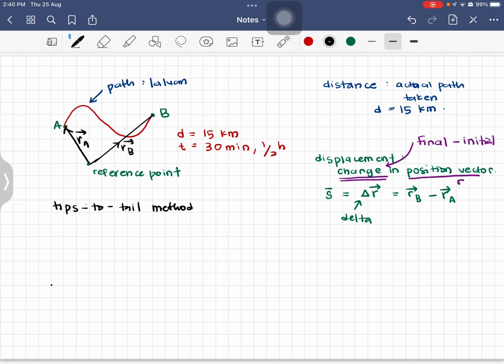Okay, so let's see here. I take the same boxes. 1, 2, 3, 4, 5 until here. Okay, so this is my RB. RB minus RA means RB has to be added with negative RA. So, negative RA should be something like this.